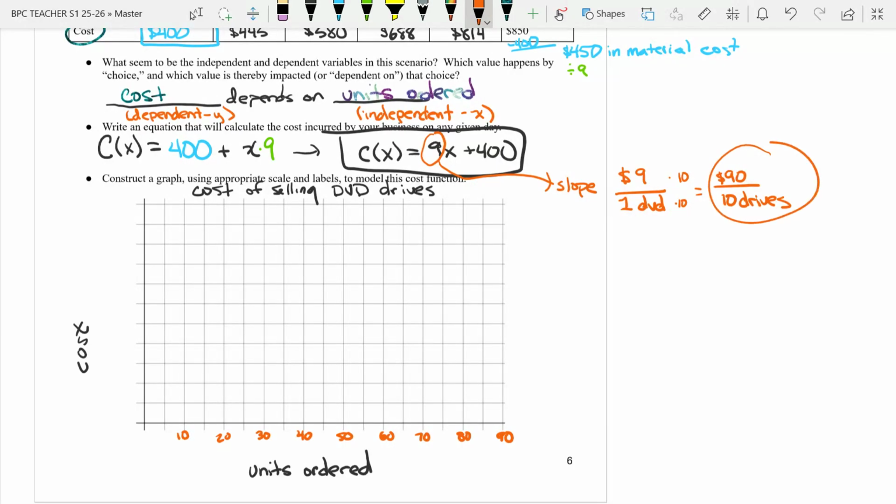And this is telling me the easiest thing to count by would be if I could count by 90s. Well, I want to count by 90s. That sounds great. But I know I have to start at 400. And 400 is not a nice multiple of 90. But there's one trick that lets us do this.